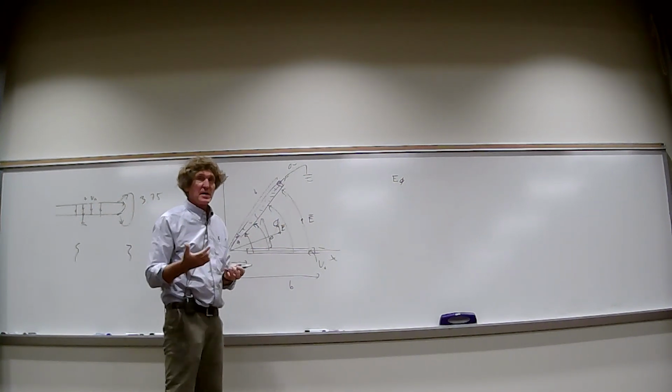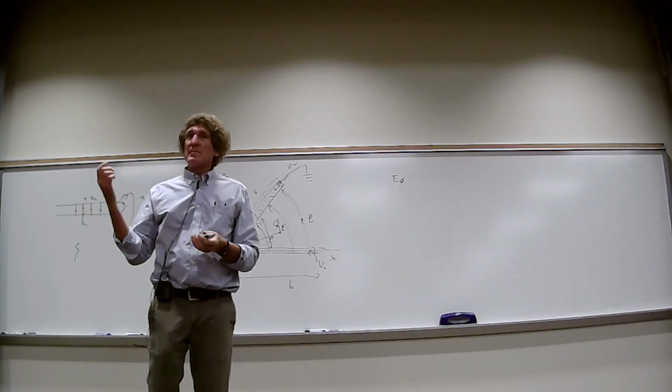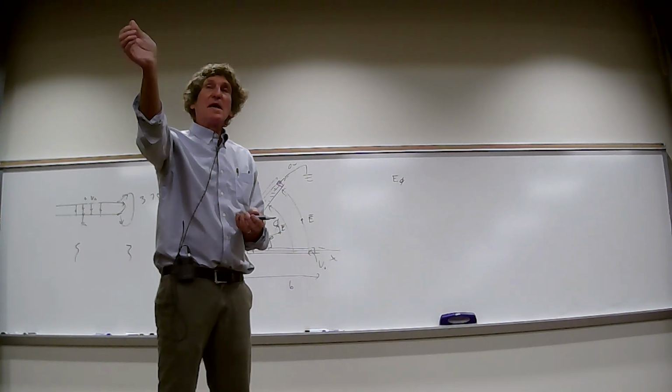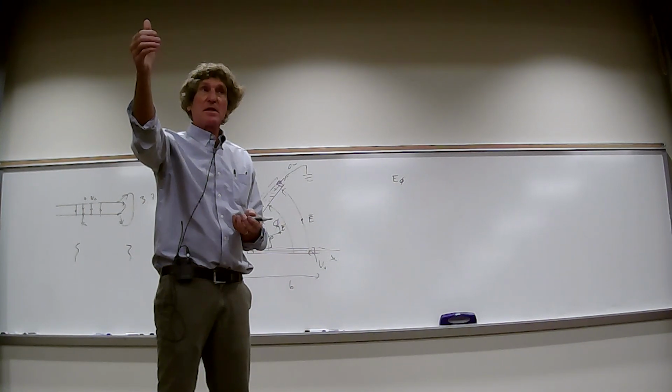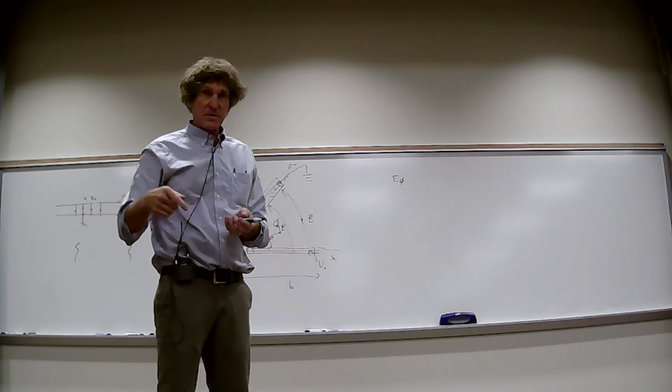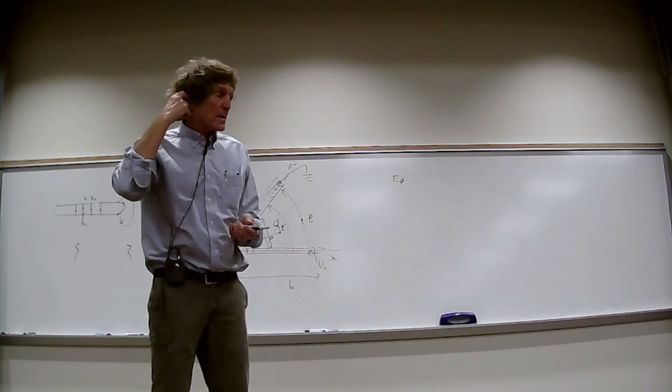Now the phi direction, the way you get this, just take your thumb, put it in the direction of the positive z-axis, and your fingers basically are pointing in the phi direction. Do y'all follow me, class? That's what it is, circulating, all right?